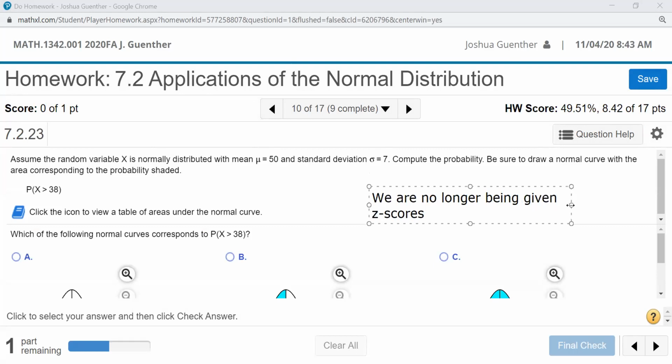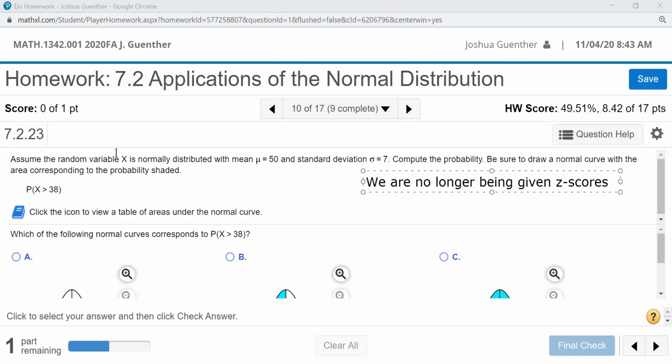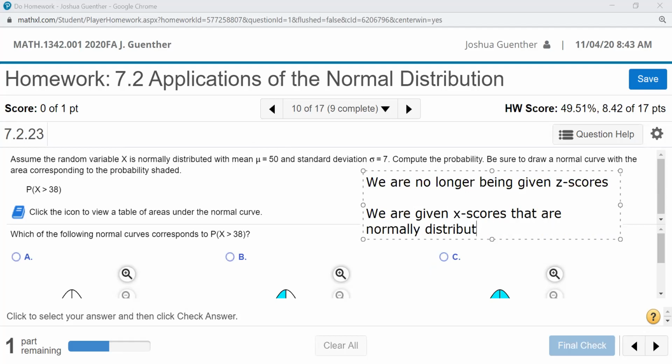This is not a z-score. It's not saying z is equal to 50. No. It's saying it's a random variable that's normally distributed that has a mean of 50, standard deviation of 7. We are no longer being given z-scores. We are given x-scores that are normally distributed.